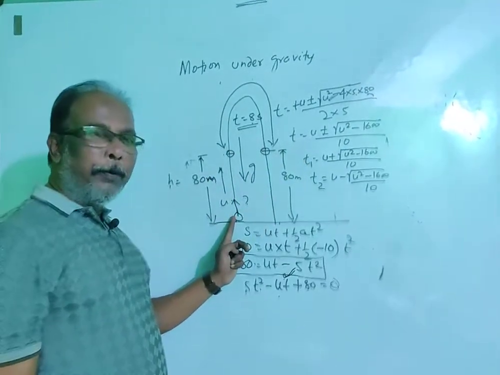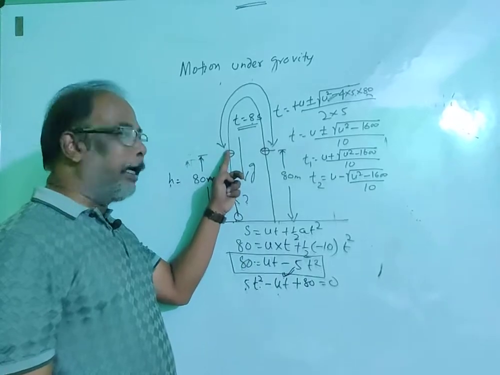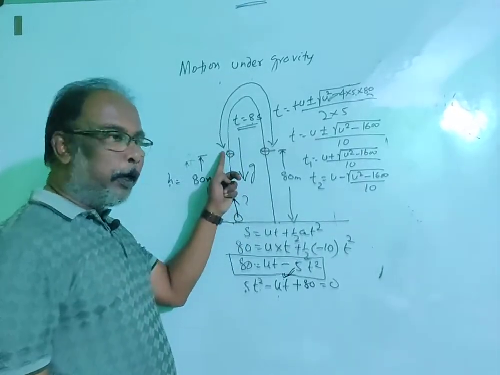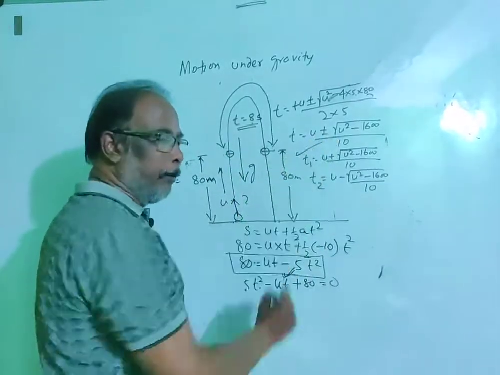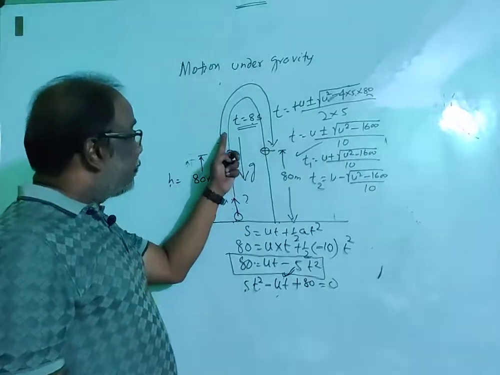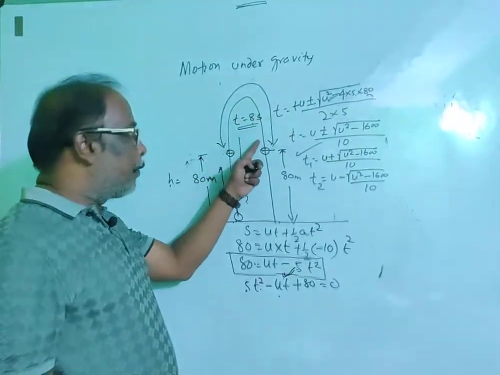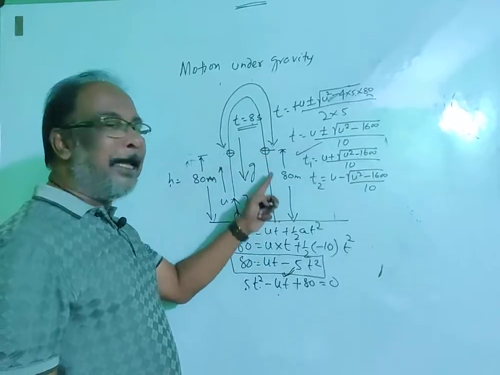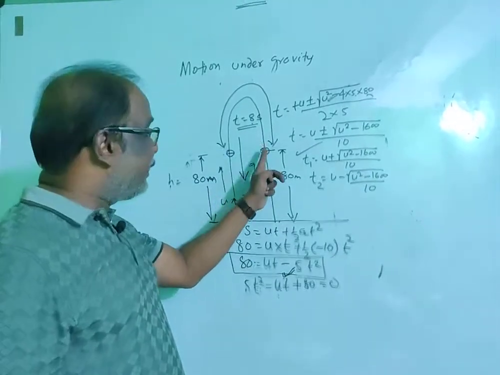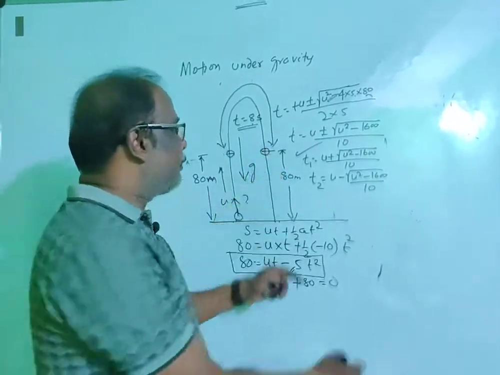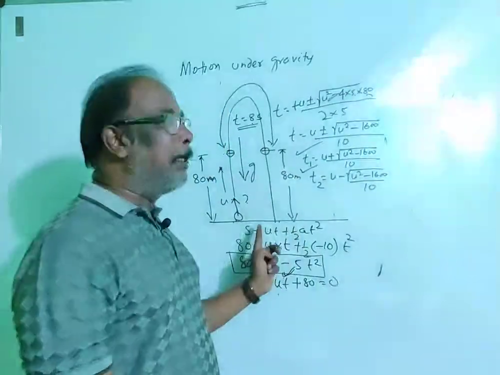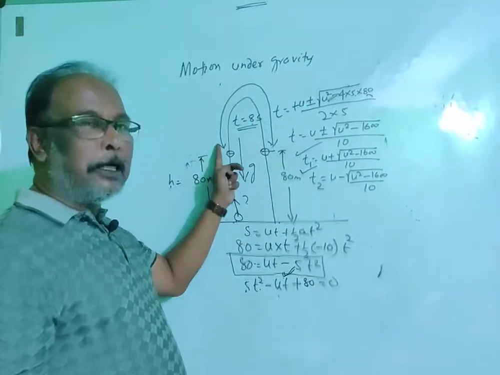The body directly projected from ground reaches a height of 80 meter. So this is the smaller time, t1. And again it moves up and then moves down and reaches the same height, 80 meter. So for this position, time is t2. This is the longer time and this is the shorter time.